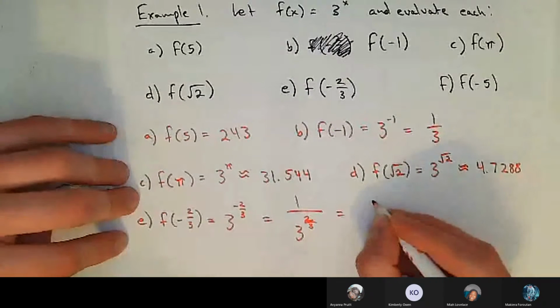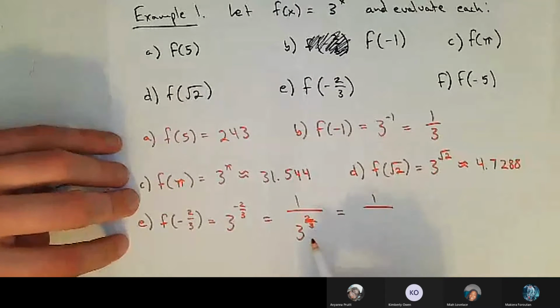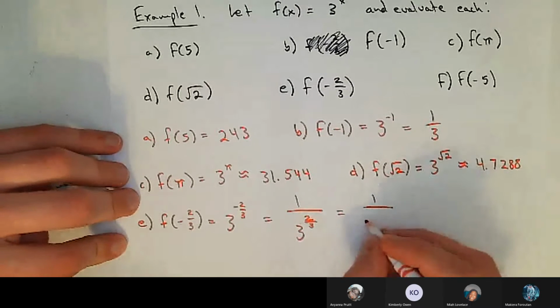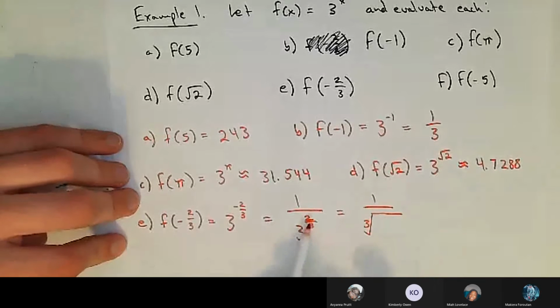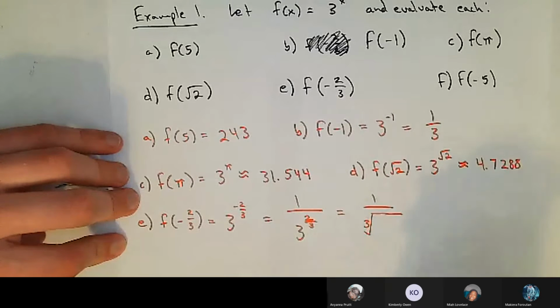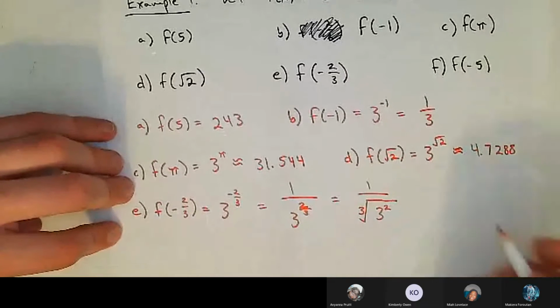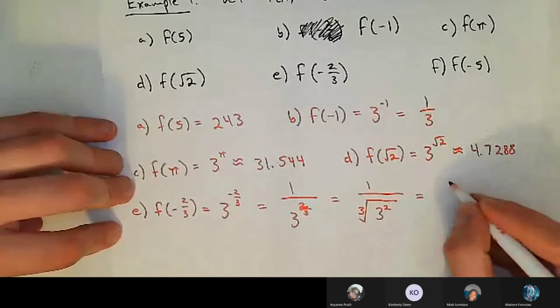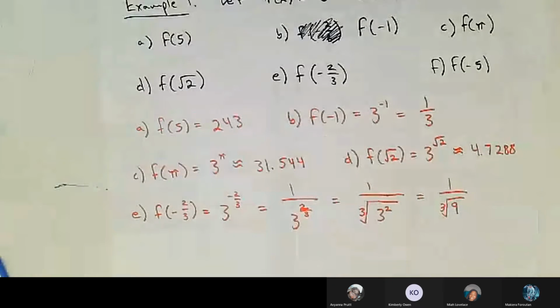And then this is the same as 1 over, well, I remember from the very beginning of the semester that this is the same as the cube root. How do I know it's a cube root? Because the denominator of the fractional exponent up here is a 3, so it's a cube root of 3 squared. That 3 is the base staying inside there. And that's the same as 1 over cube root of 9, which cannot be simplified.